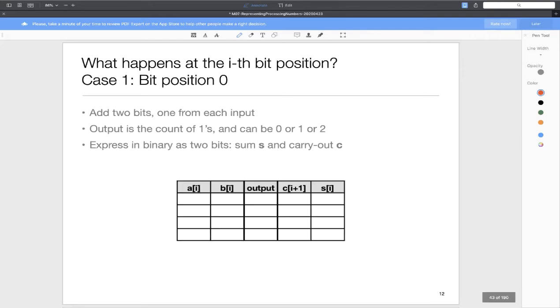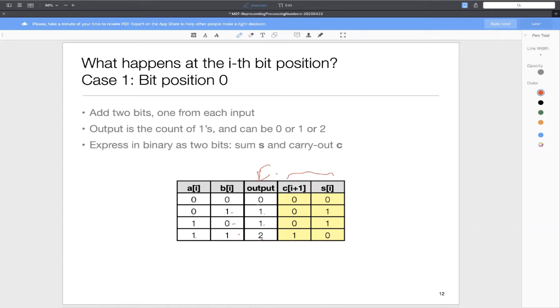So I can really define a truth table. I can say I have AI, BI. So 0 plus 0 is 0, 0 plus 1 is 1, 1 plus 0 is 1, and 1 plus 1 is 2. In terms of how we represent it using the 2 bits I have: the sum at bit position 0 and the carry we are feeding into the next one.